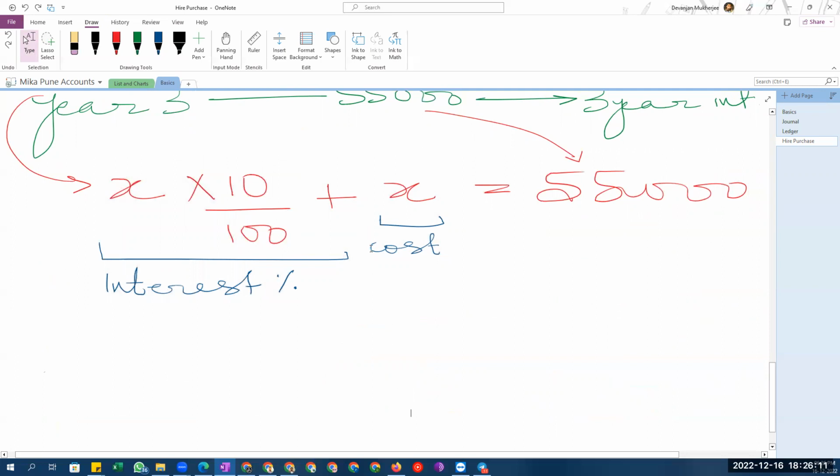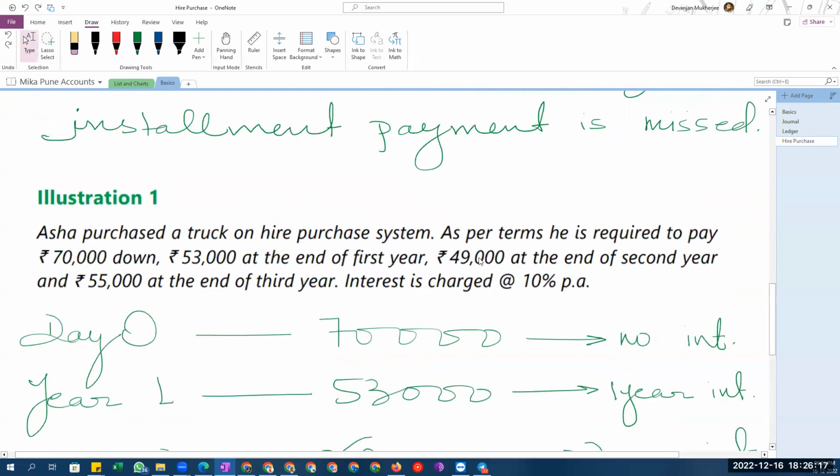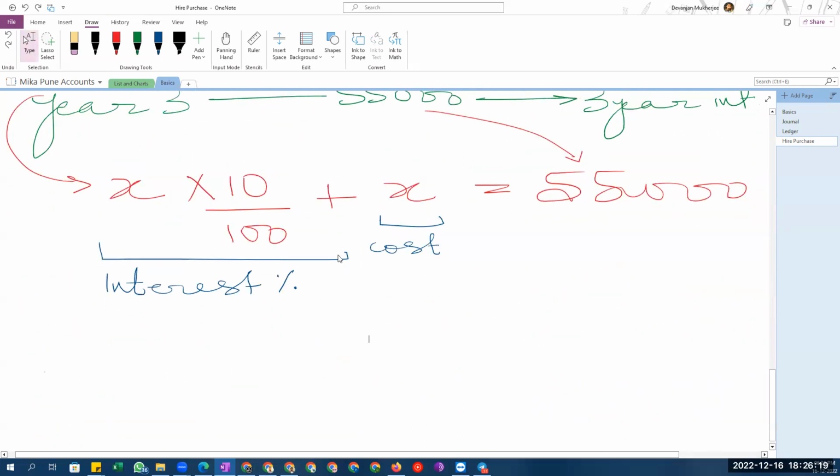So I am assuming the cost to be X, the interest to be 10% of X, because obviously interest will be charged on the remaining outstanding principal. However much your loan is pending, on that you will charge the interest, right? Okay, so that's pretty much the idea here.